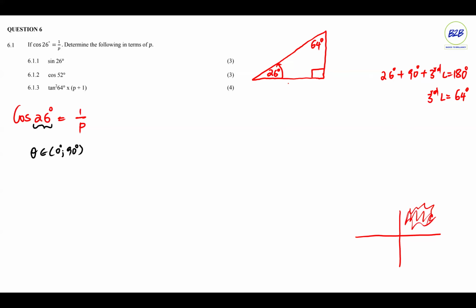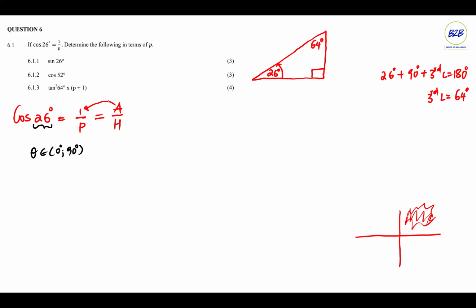We must then label now the sides of that right-angled triangle. And to do so, we must come back to our piece of information. We know that we're given cos here, and cos is the adjacent side over hypotenuse. So that means the adjacent side is 1.